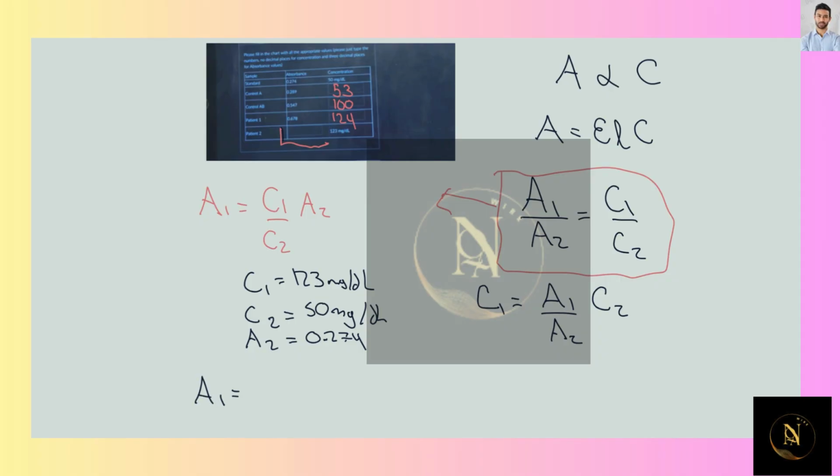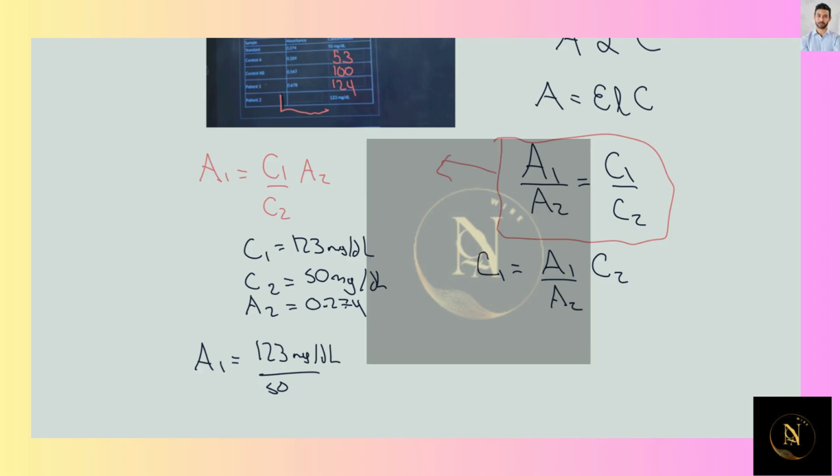Thus, A1 is equal to 123 divided by 50 milligrams per deciliter times 0.274, which gives 0.674. So this would be the value that we should plug in this position.